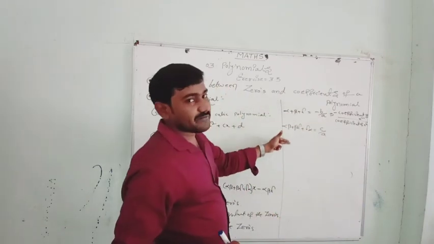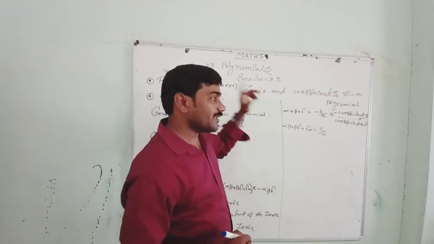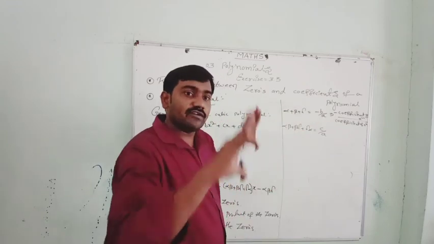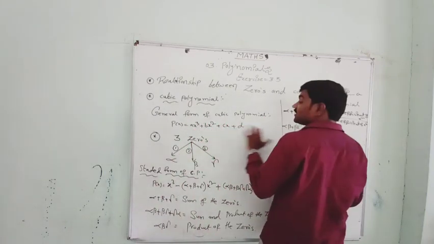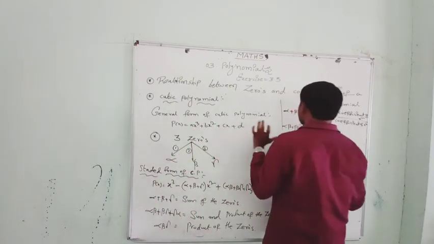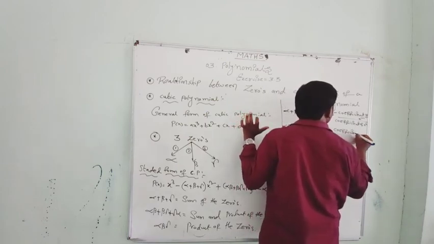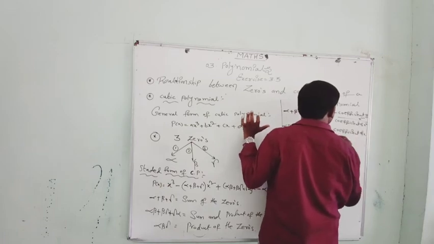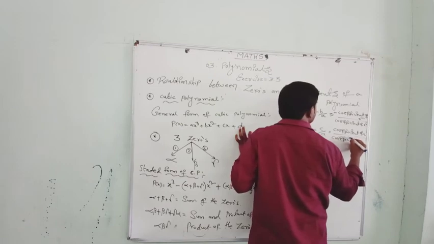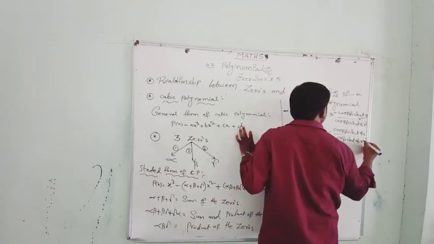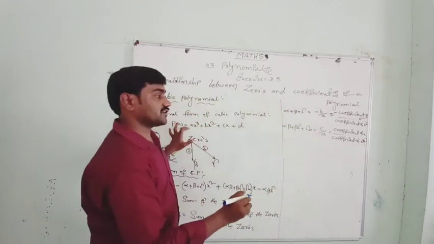It is the same as the quadratic polynomial, minus b by a, c by a, and the linear polynomial is minus b by a. I will explain this clearly at the end of this video. It is very important. Here c is the coefficient of x, and a is the coefficient of x cube.